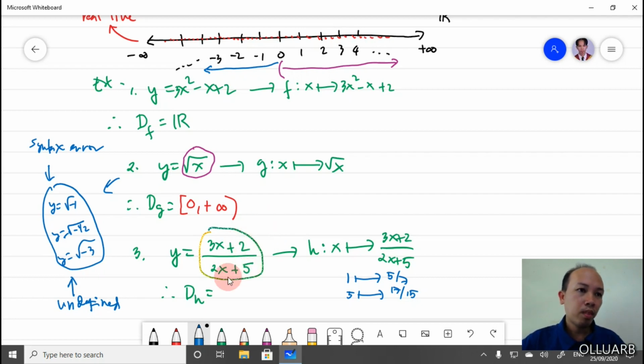However, this is a rational equation, a rational function. And notice that this is a fraction, and since this is a fraction, there must be a value of x for which the denominator is 0. So what is that value?